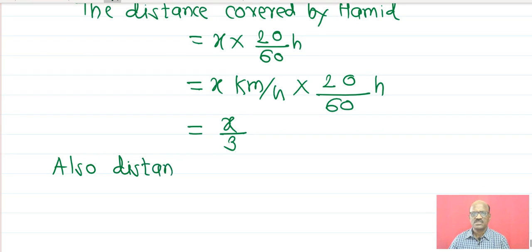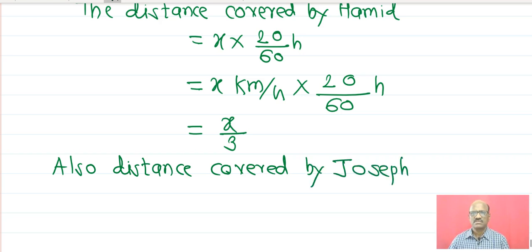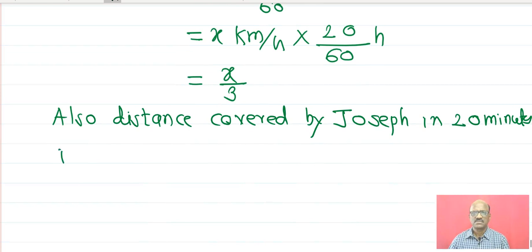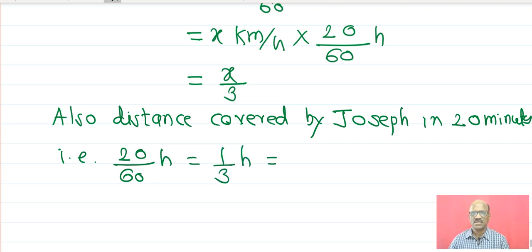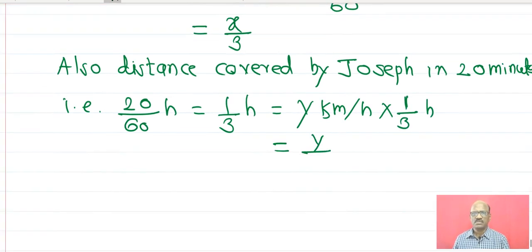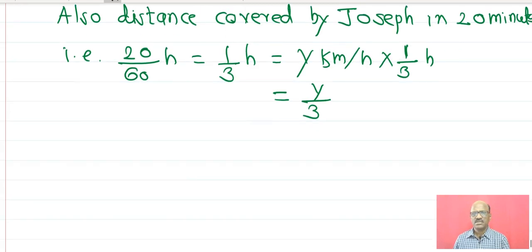Also the distance covered by Joseph in 20 minutes, that is 20 upon 60, that is 1 by 3 hours, is y km/h into 1 upon 3. That is the speed into time. The distance covered by him is y upon 3.